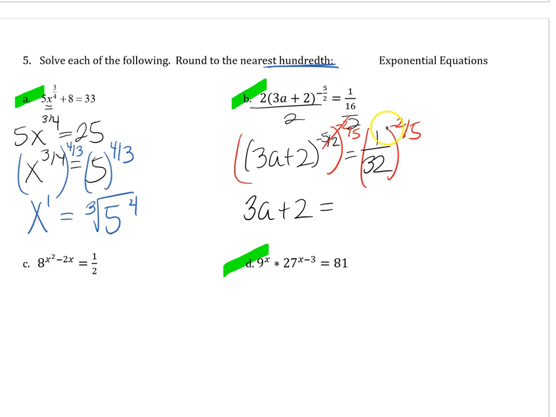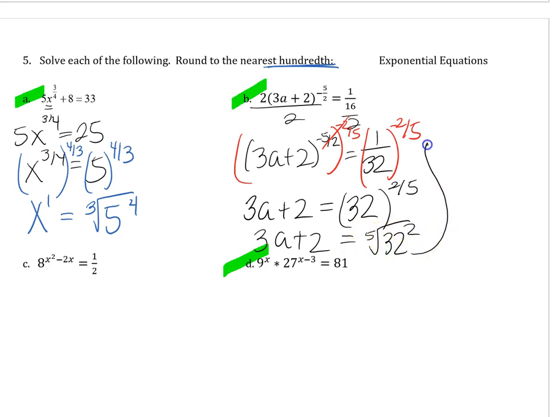Now because I have a negative exponent here, I'm actually going to flip this base and then write it as a positive 2/5. So 3a plus 2 is equal to the 5th root of 32 squared. So 3a plus 2 equals, 5th root of 32 is 2, 2 squared is 4. So a equals 2/3.